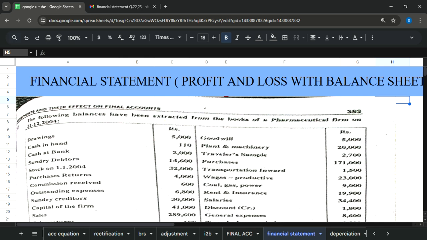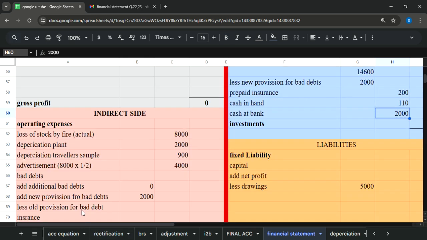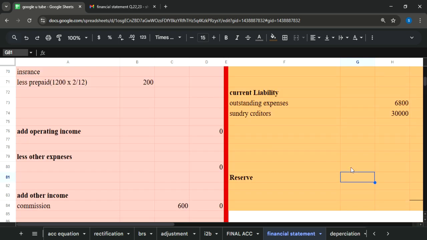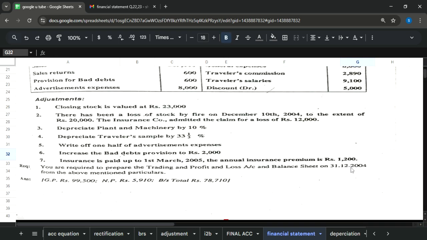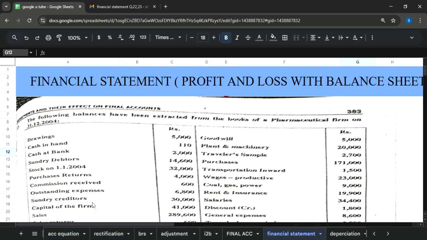So we were writing sundry creditors 30,000, now capital 41,000. Here you will write 41,000 for your capital. Okay, I have checked whether the creditors were written in the right format or not. Okay, sales 289600.